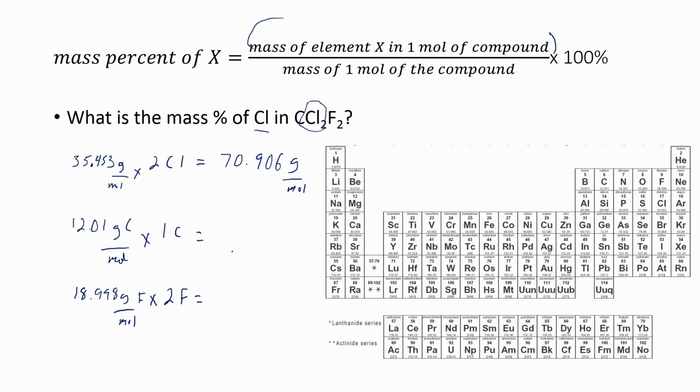Okay, so that first one's pretty easy: 12.01 grams per mole, and 18.998 times 2 gives us 37.996 grams per mole.